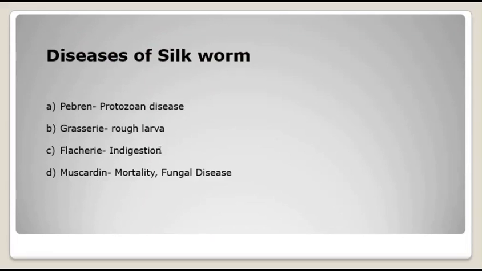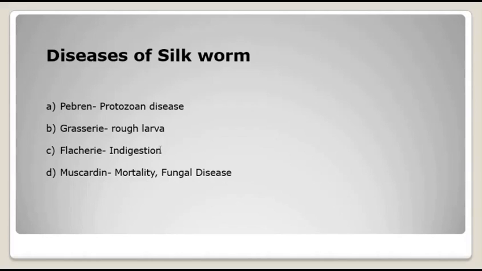A variety of diseases are associated with the larvae of the silk moth, right? These enemies not only kill the larvae but also spoil forthcoming generations. Some of them are protozoan diseases, some viral, and a few are fungal, which cause diseases in the silkworm.